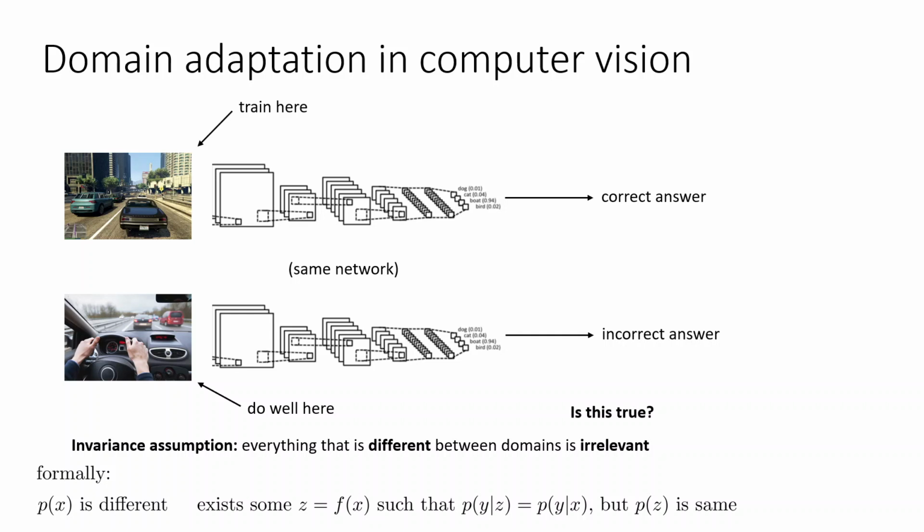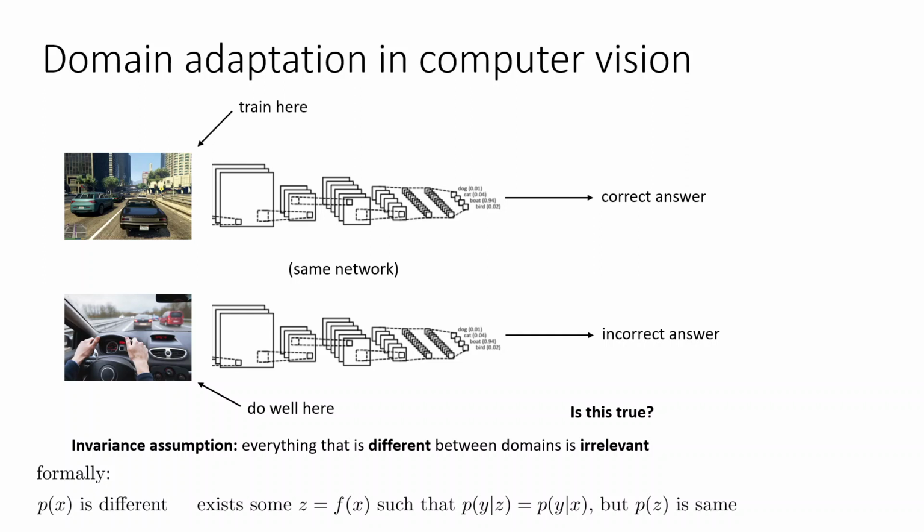Basically, there's some way to featurize x with a featurizer f, so that the probability of the output y given z is the same as the probability of the output given x. So that means that essentially if you featurize x using f of x, you retain all the information needed to predict the label, or to predict the Q value, or to predict the action. So that just means the representation is not lossy. But P of z is the same in the source and the target domain.